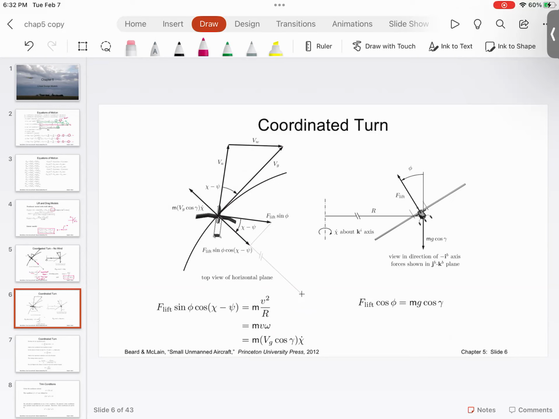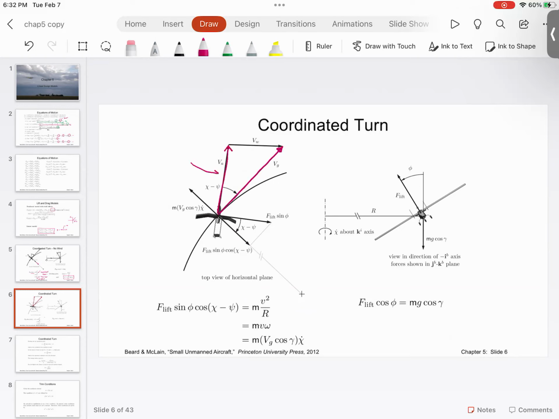Once you solve that equation, which is similar to the equation that we have seen earlier, and we have seen this triangle quite a few times, remember this is a very important relation. So you have this VA, which is the airspeed.